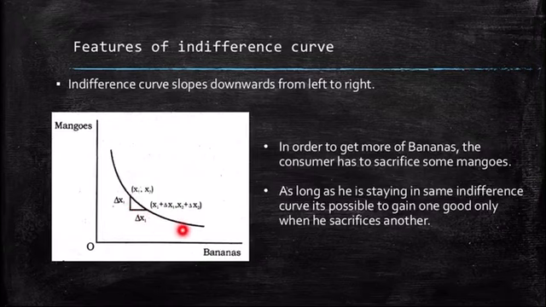Therefore, as long as the consumer wants to stay on the same indifference curve, he can gain more bananas only by sacrificing mangoes. And it is possible only when the indifference curve is downward sloping from left to right and convex shaped.